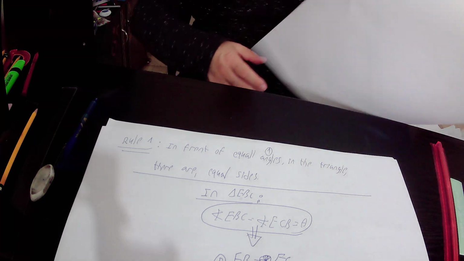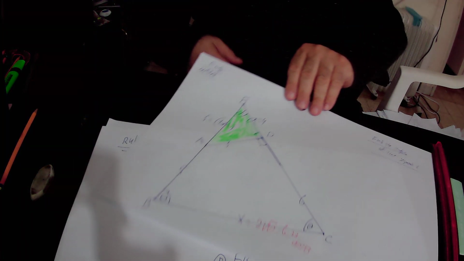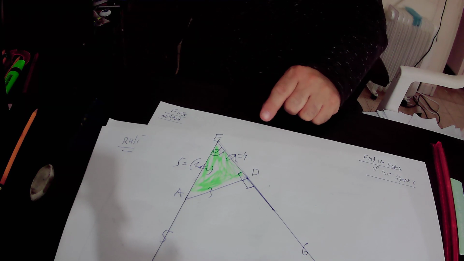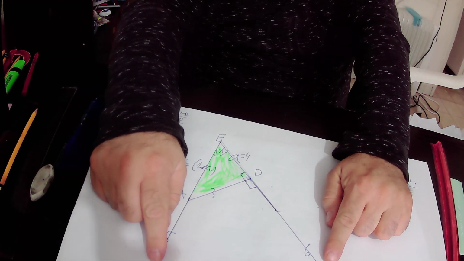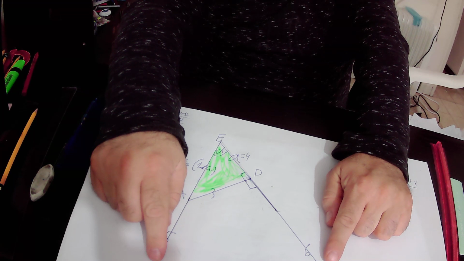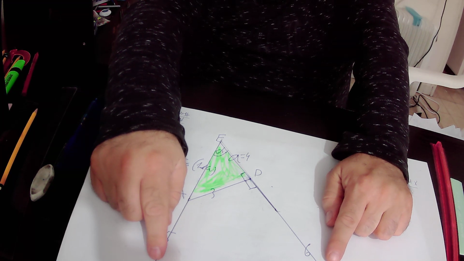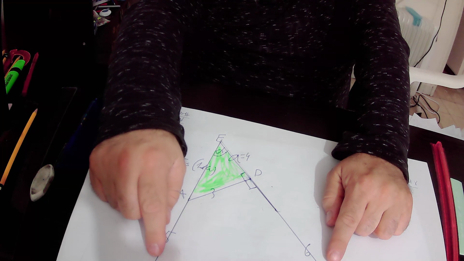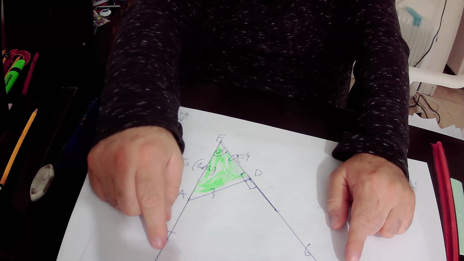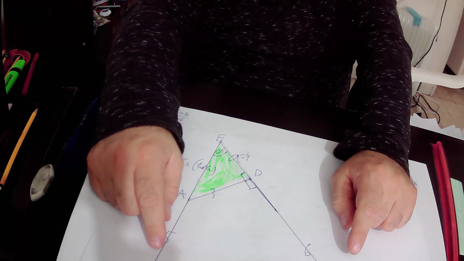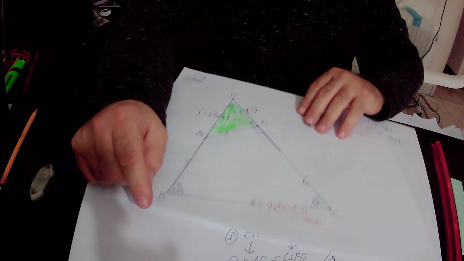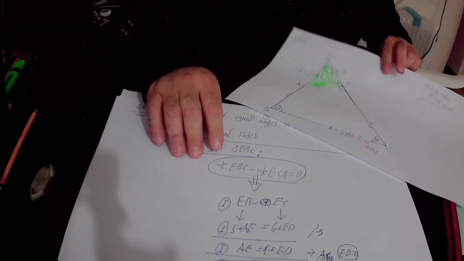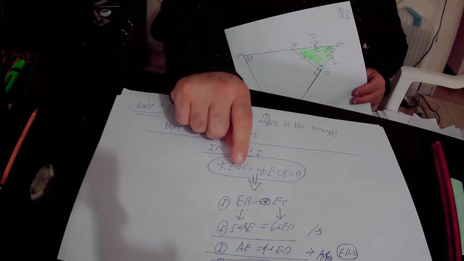So here in triangle EBC we have two angles that are equal to each other, they are both equal to theta, and in front of those two equal angles we have side EC and side EB. Therefore, according to rule number 1, EB equals EC.